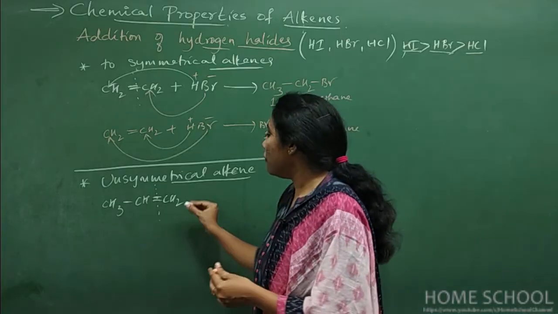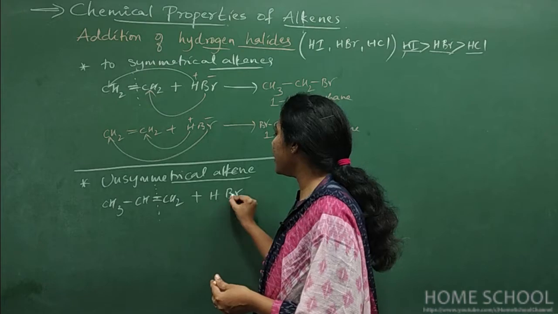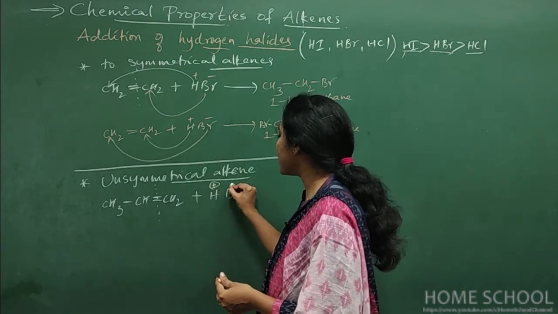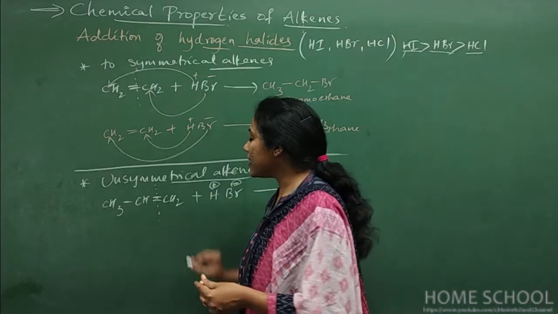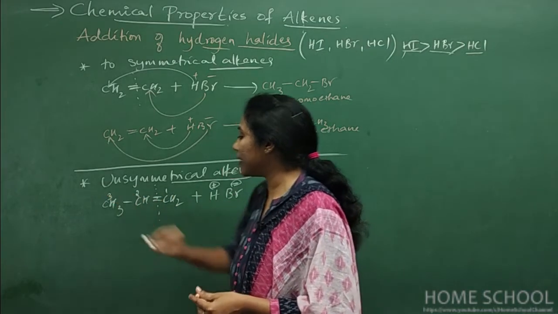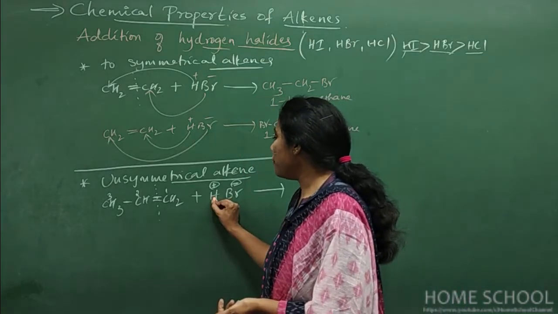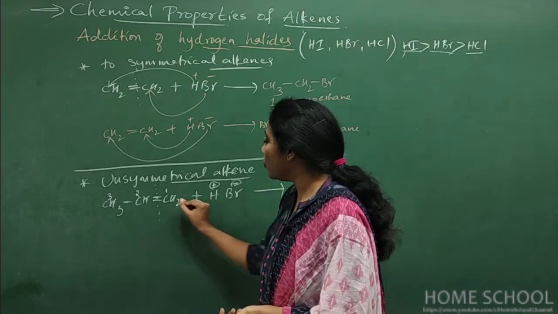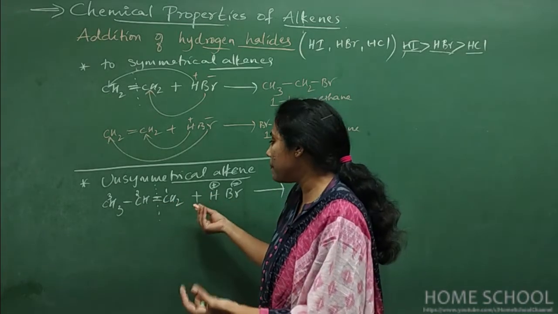Fine. Now for this unsymmetrical alkene, I'll add HBr. In HBr, this is the positive part and this is the negative part. If I number the carbons, this gets number 1, this gets number 2, and this gets number 3, right? Initially, the positive part I will add to the carbon atom having more hydrogens.